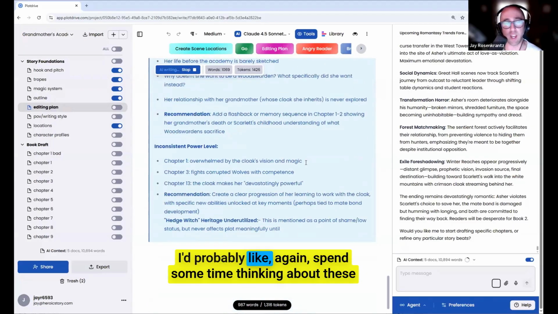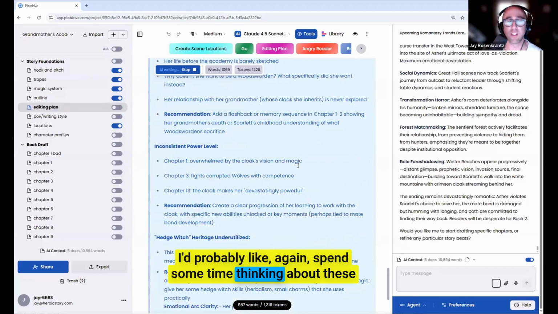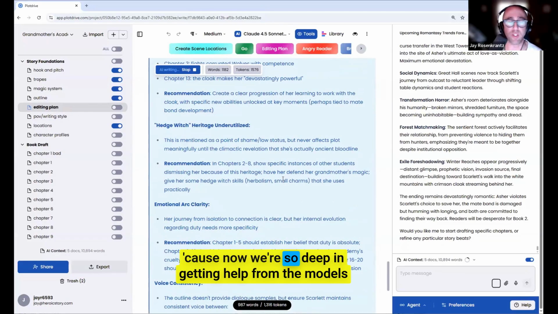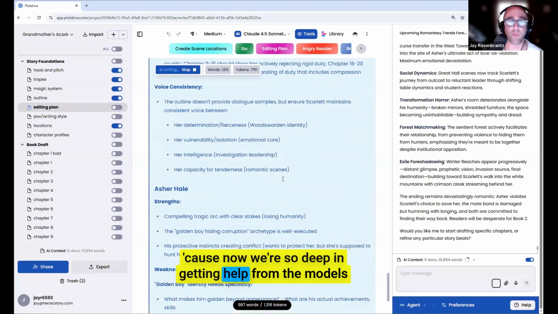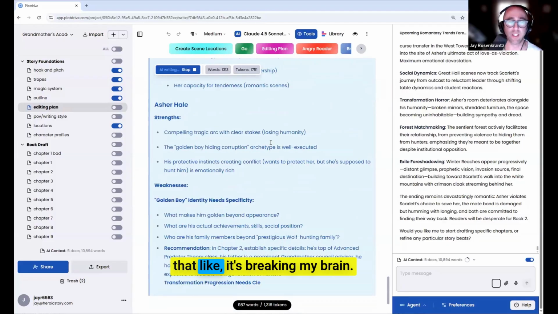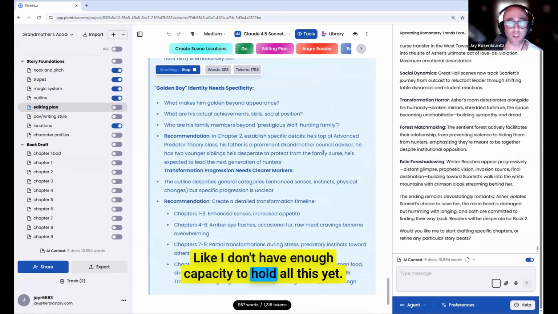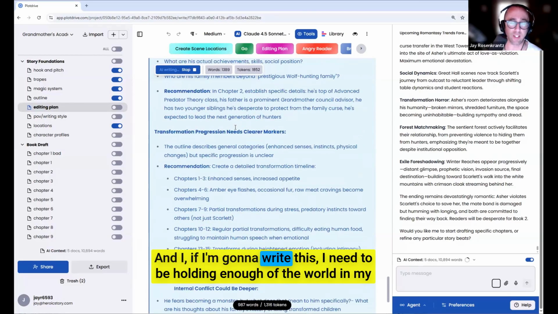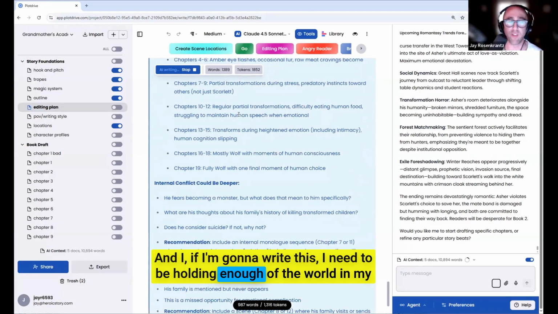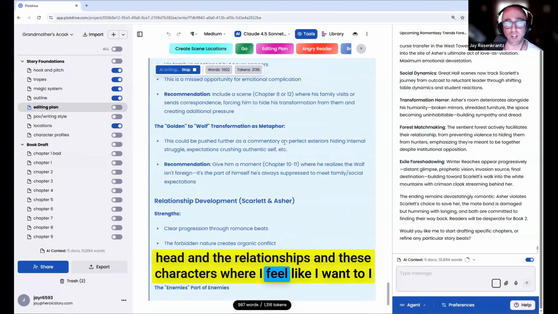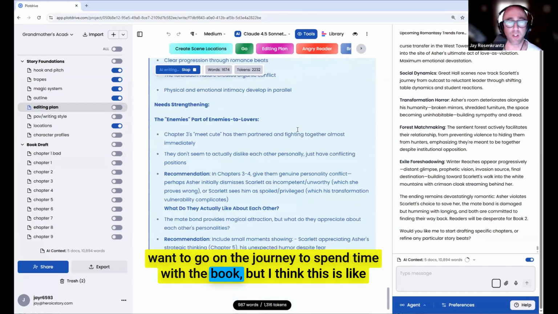And I'd probably, again, spend some time thinking about these things and making my own notes. Because now we're so deep in getting help from the models that it's breaking my brain. I don't have enough capacity to hold all this yet. And if I'm gonna write this, I need to be holding enough of the world in my head and the relationships in these characters where I feel like I want to go on the journey, spend time with them in the book.